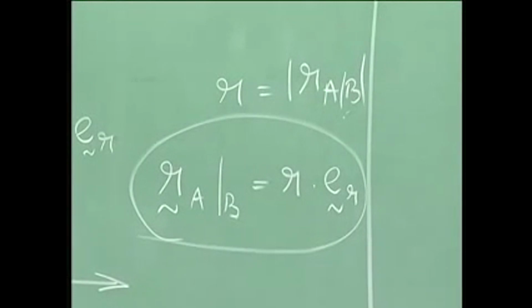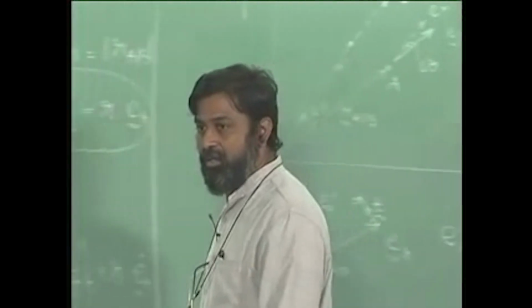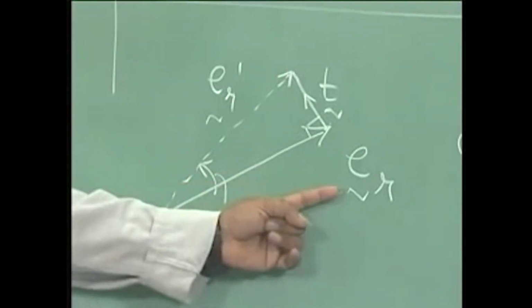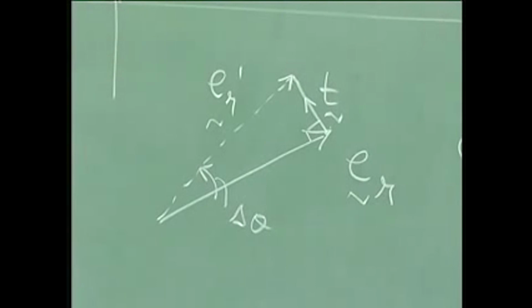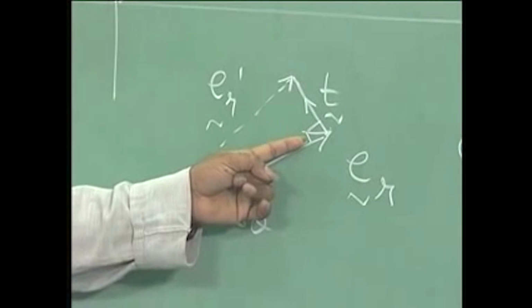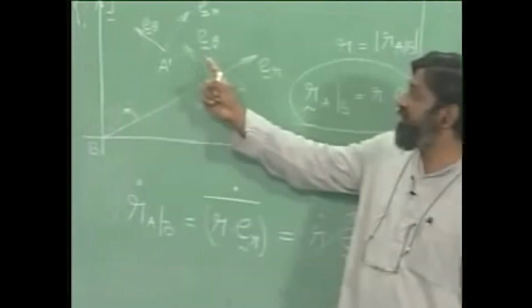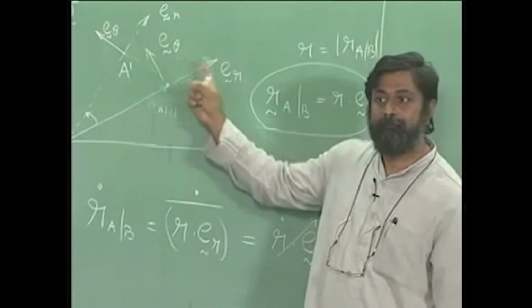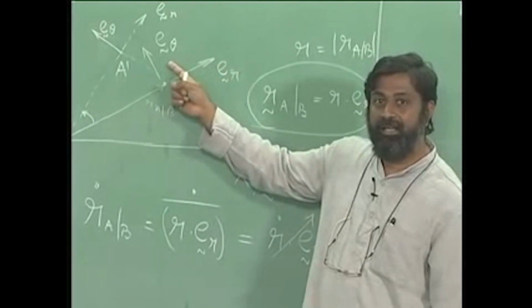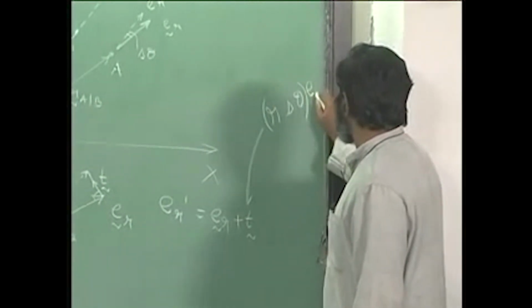How about direction? What is the angle between these two? What is the angle between ER and T? It is tangential, or in other words there is a 90-degree angle, which means the unit vector along this T should be nothing but, as we have mentioned over here, ER and 90 degree is E theta, which means this will be R times delta theta times E theta.